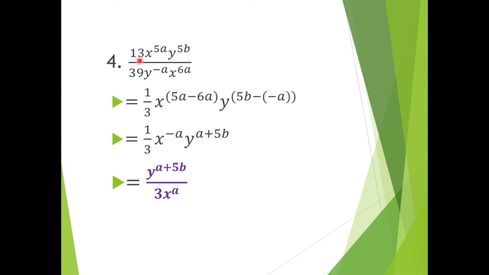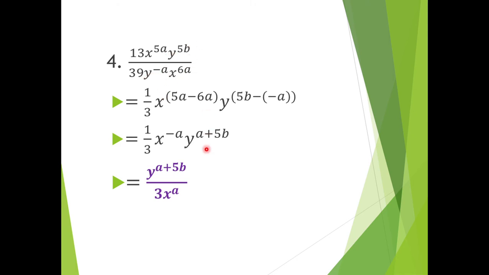Next. So 39. We know 13 times 3 is 39. So we have 1/3. Then x raised to 5a, and we bring up negative 6a, y raised to 5b minus a. Why did it become minus? When you bring it up, it becomes positive. So this answer is wrong. The PowerPoint is wrong.